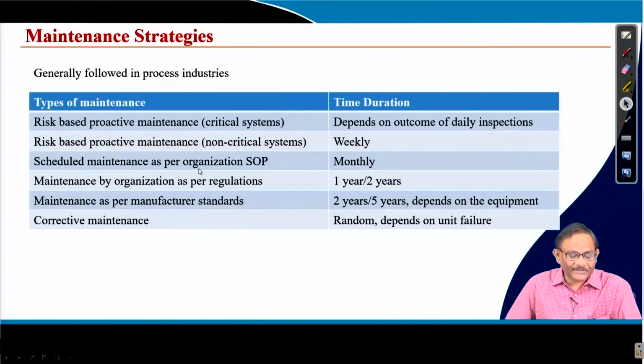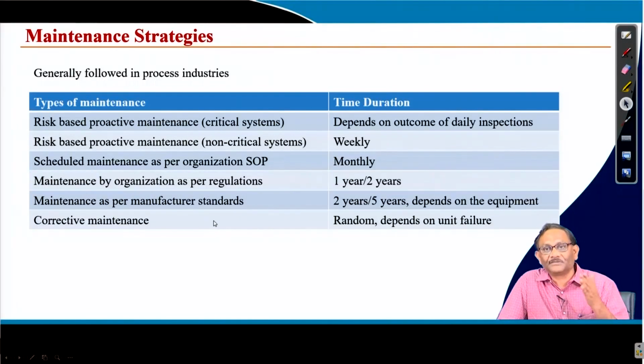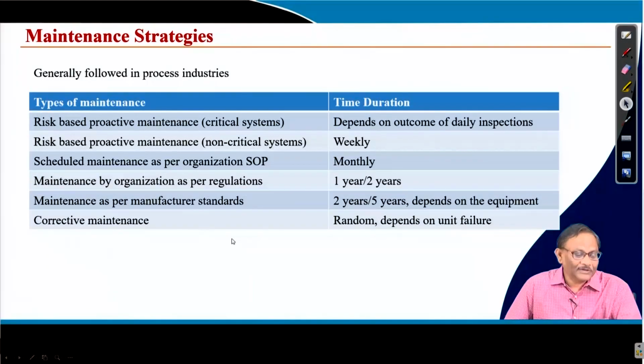Scheduled maintenance as per organization SOP is usually monthly. Maintenance by organization as per regulations is 1 to 2 years. Maintenance as per manufacturer standards is 2 to 5 years, depending on the equipment. And corrective maintenance is random, depending on the unit failure. Obviously, with corrective maintenance, failure takes place and you have to maintain it. So these are some strategies.